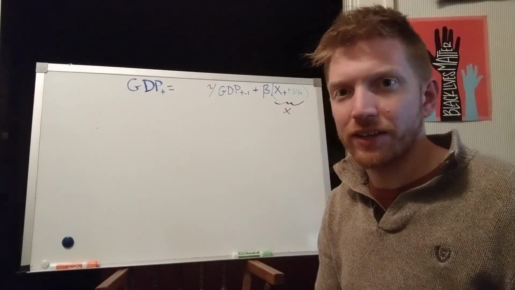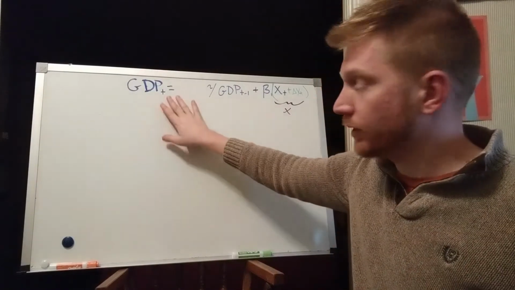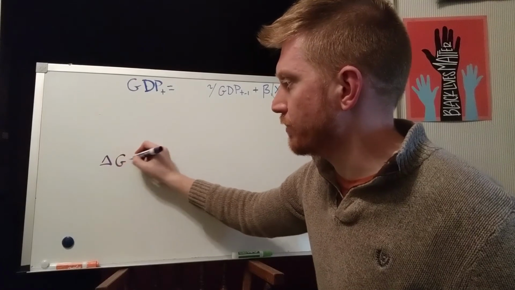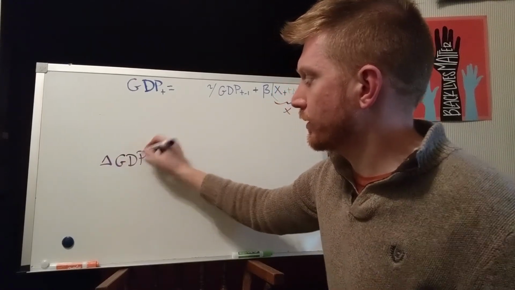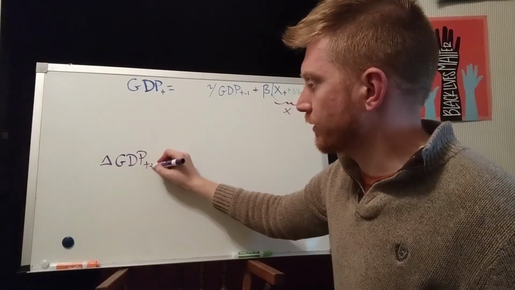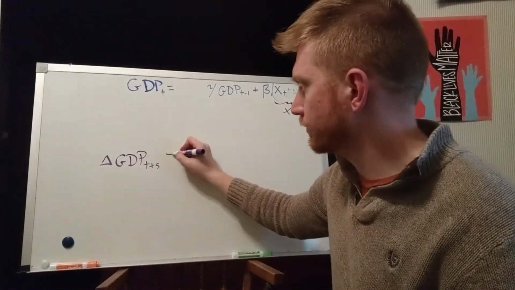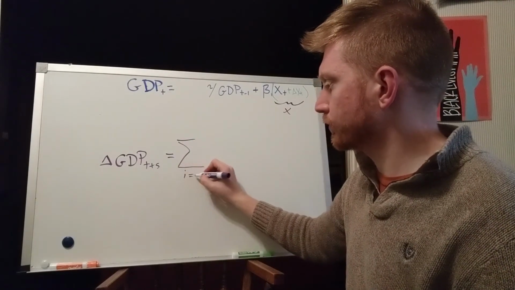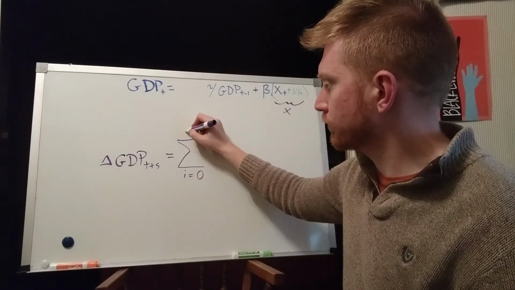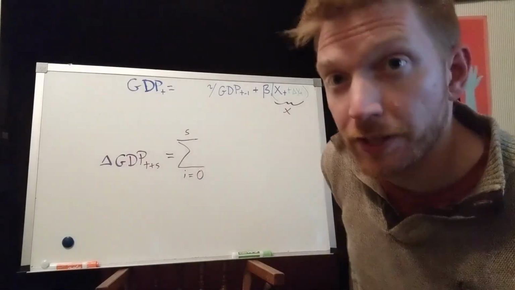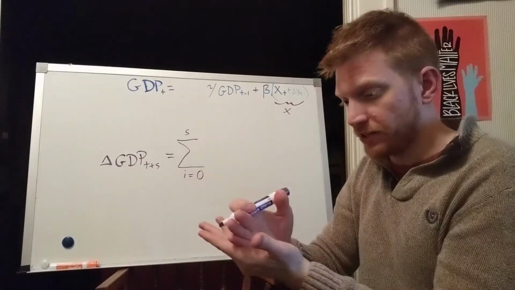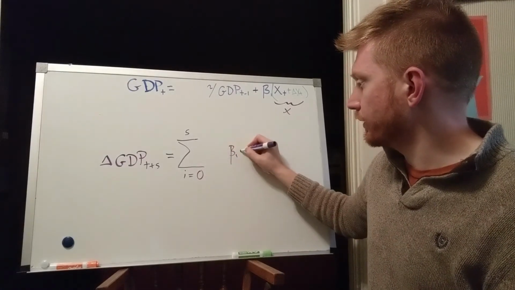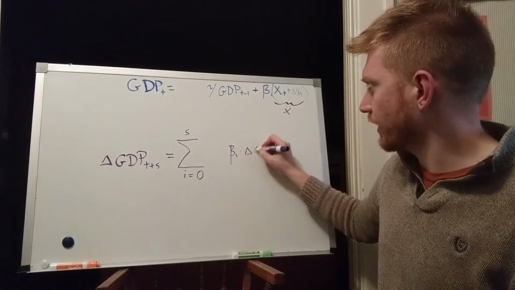So any year that's s away from our GDP, we can characterize the change in our steady state GDP versus what it used to be as the sum of impacts. The direct impact from the change in x that year is going to be beta 1 times the change in x that year.